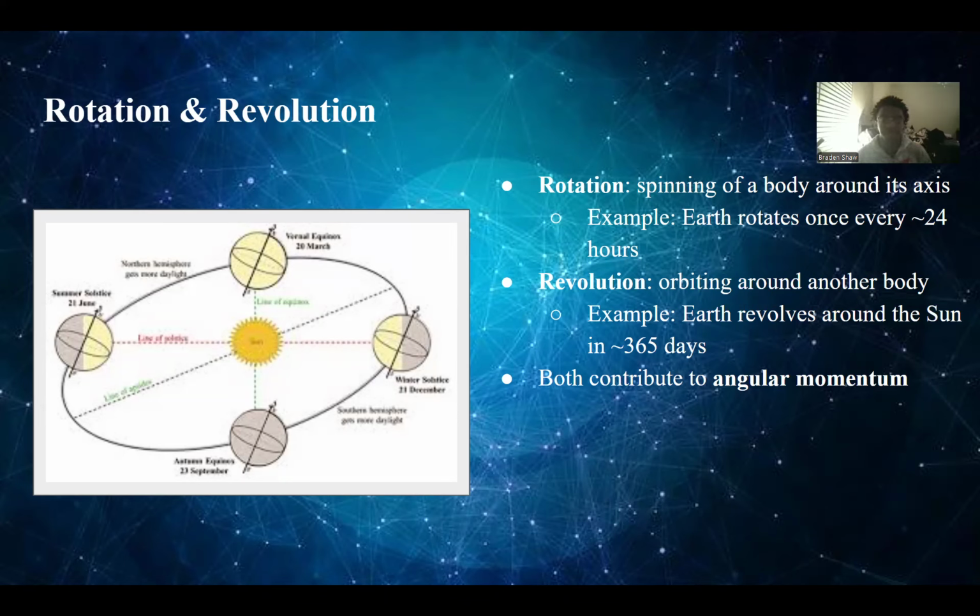For the Earth, this means completing one full orbit around the sun in about 365 days, which gives us a year. Both rotation and revolution contribute to an object's momentum: how fast something spins, and how far it is from its axis. Both of these play a major role in determining an object's overall orbital or angular momentum. All right, for the next slide.